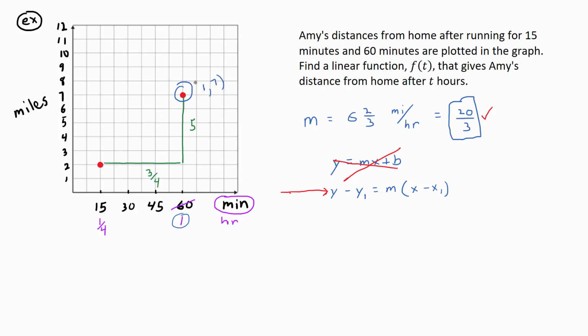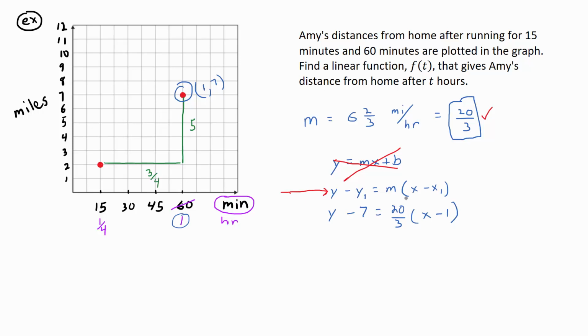Input is 1, output 7. In other words, after 1 hour, she was 7 miles from home. Okay, well, let's fill it in. We get y minus y1, y1 is 7, equals m, which is 20/3, times x minus x1, which was 1.